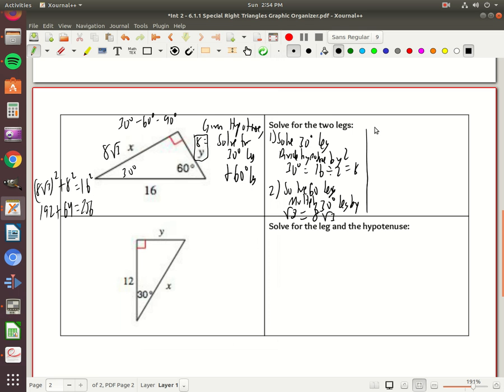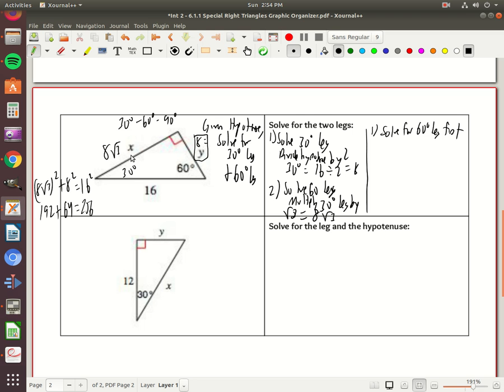But if you want to solve for the 60, this is the alternate one. If you want to solve for the 60 degree leg first, you're really going to need to recognize that you're dividing by the square root of, no, you're not dividing by the square root of 3.